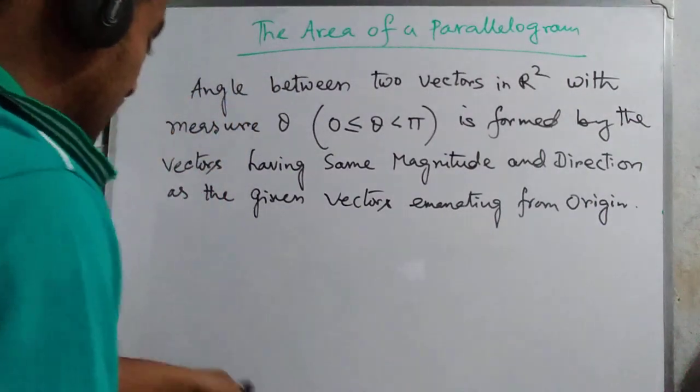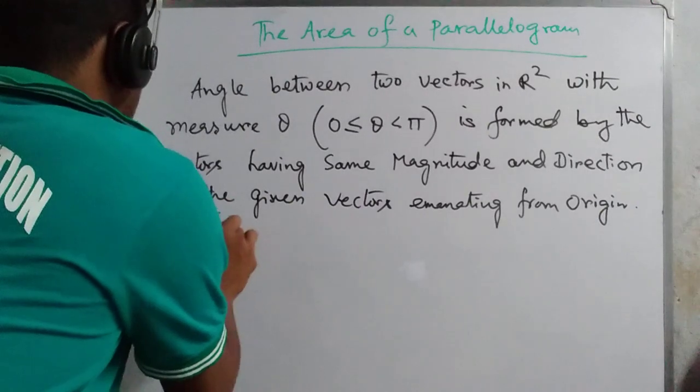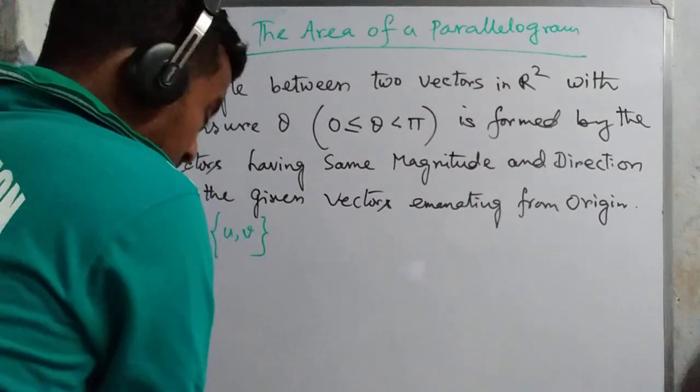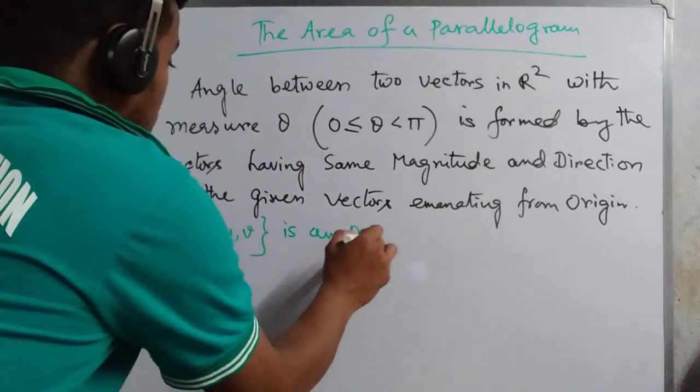Then here, beta equal to (u, v) is an ordered basis for R square.